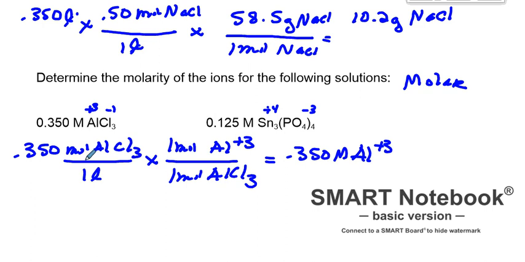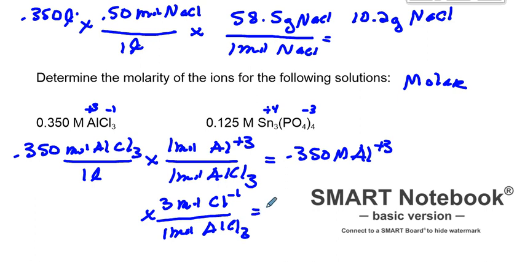Now, when I want to do the chloride, okay, the first step stays the same. I'm just going to go down here. I'm kind of cheating you just a little bit. Okay, so instead of doing this, I'm going to say times 3 moles of chloride -1 per 1 mole of aluminum chloride.